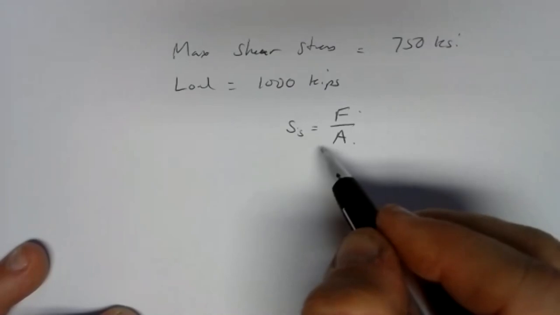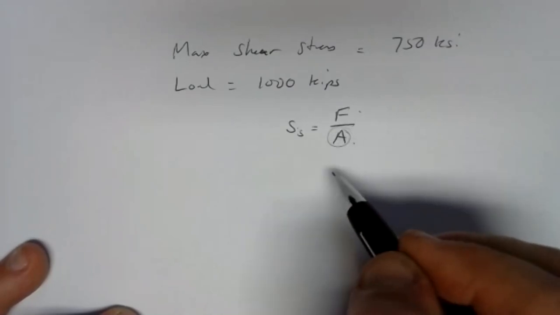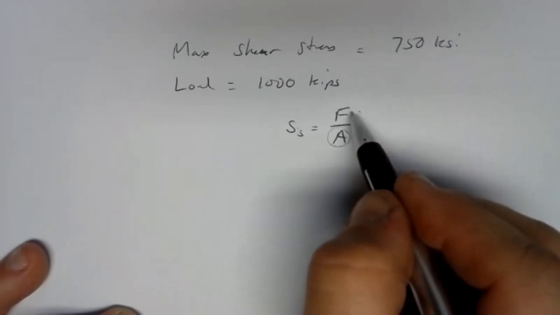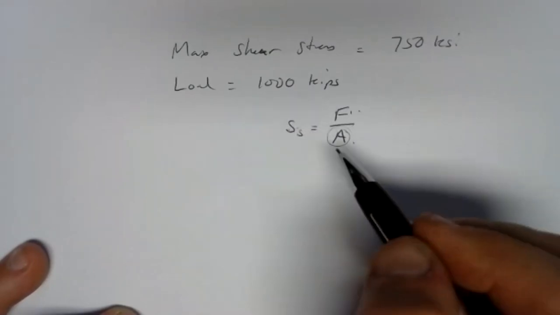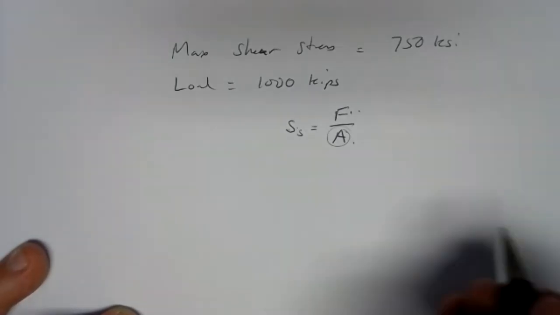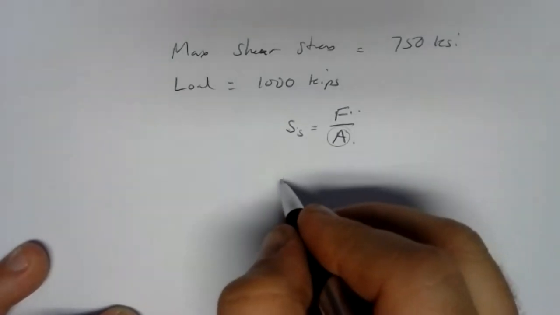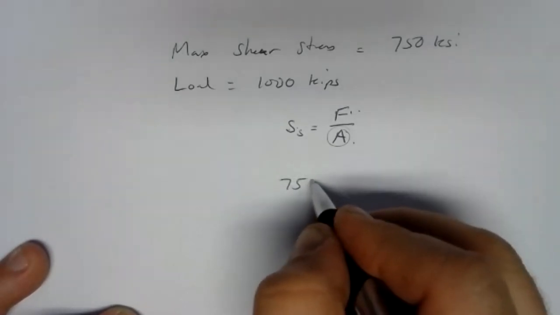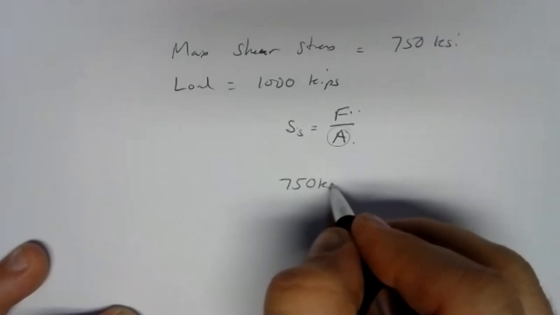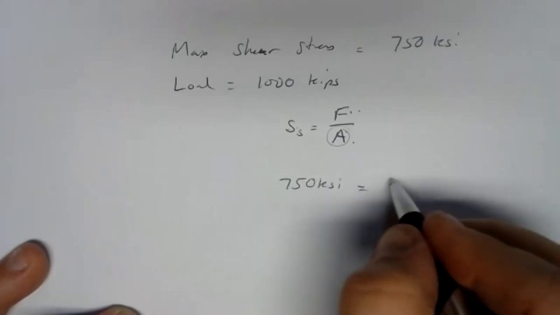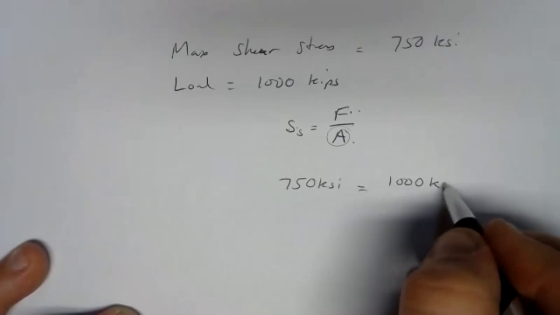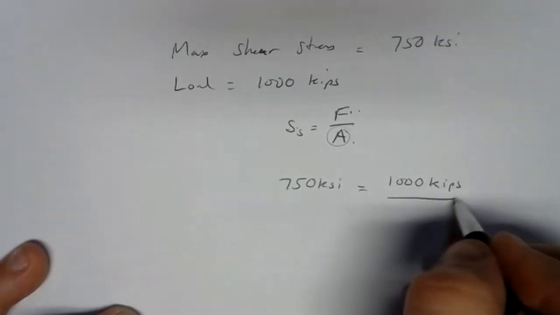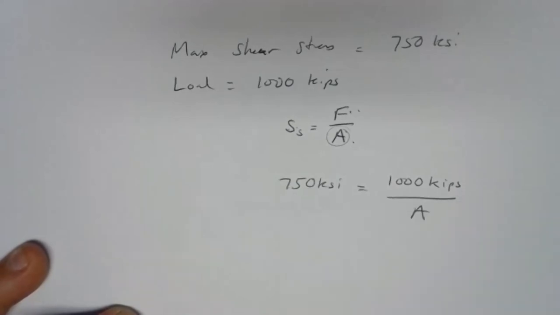In this problem, we're turning this around. We're trying to figure out the area, knowing how much force we need to support, and knowing what the limit is on our shear stress. That'll tell us an area. So we can plug in what we know. We need to find out what area will just put us on the edge of failing. And that's going to be 750 ksi. We've got 1,000 kips, but we don't know how much area we need.